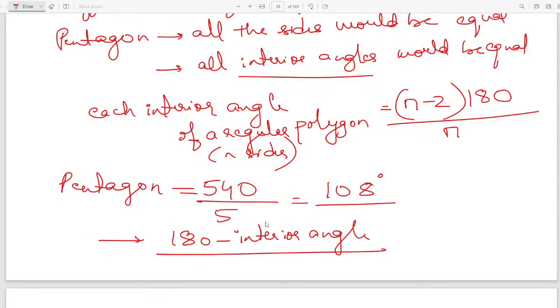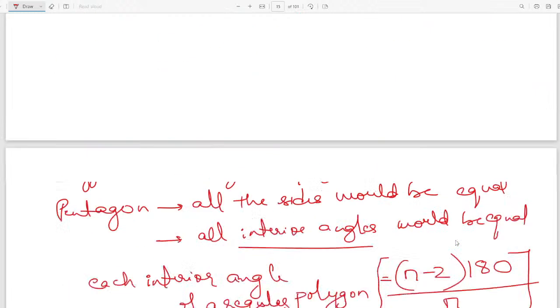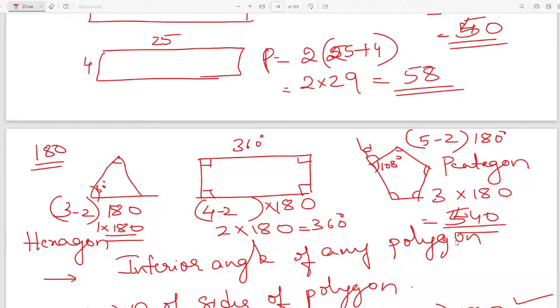Once you have calculated the interior angle, for the pentagon 108, we subtract: 180 minus 108 is 72 degrees. So the exterior angle D of the pentagon will be equal to 72 degrees. And the sum would be 180 because this is a straight line and these are supplementary angles.